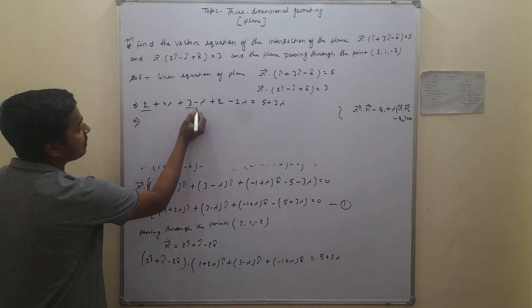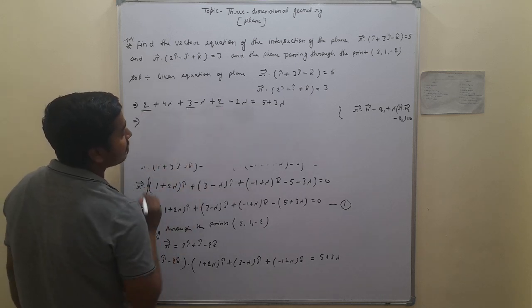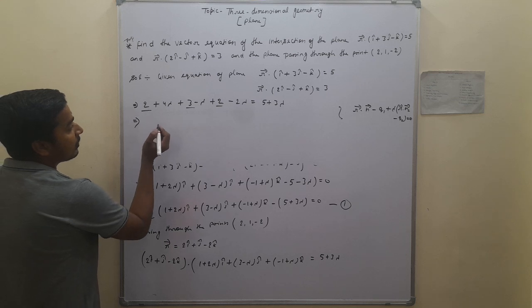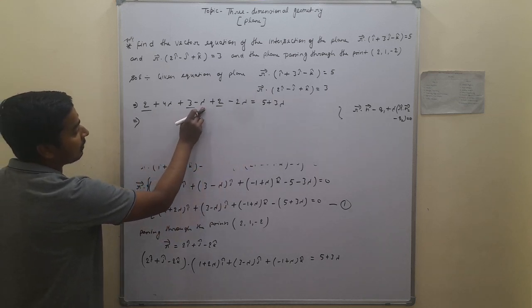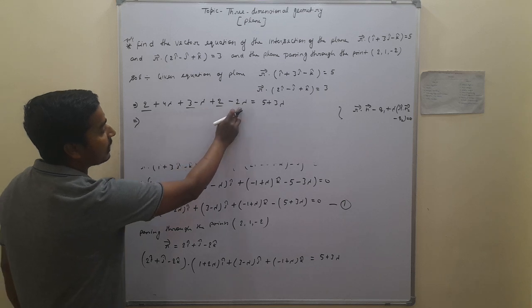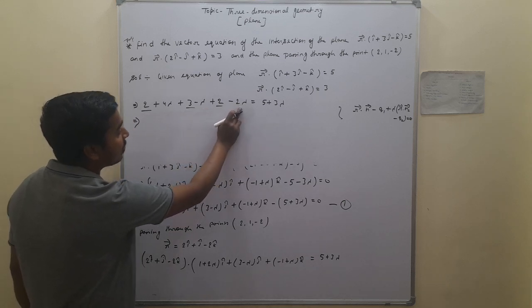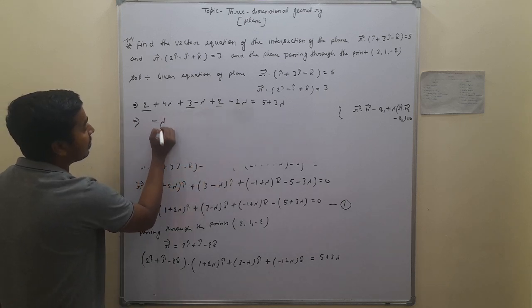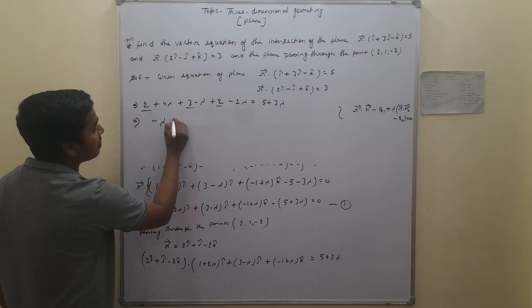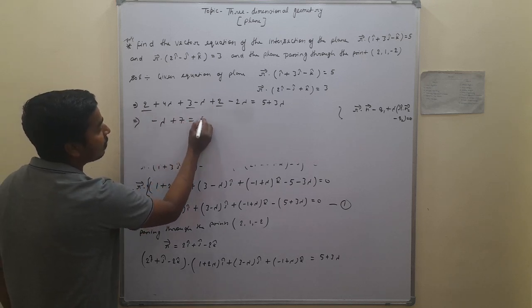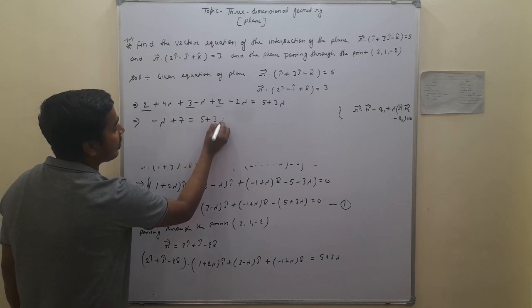Here 2 plus 3 is 5, 5 plus 2 is 7, and 4 lambda minus lambda, 3 lambda minus 2 lambda, this is minus lambda. So 7 minus lambda is equal to 5 plus 3 lambda.